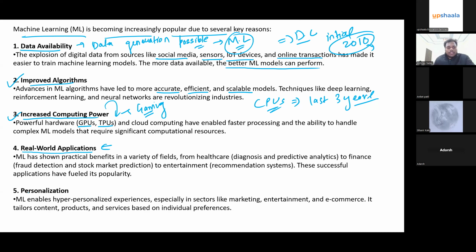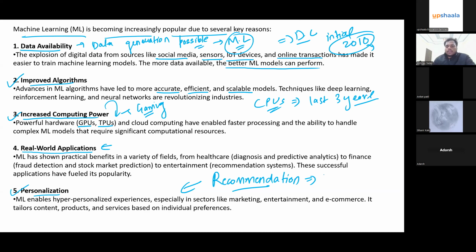After that, personalization. When we talk about personalization in entertainment, just one word comes to mind, that is recommendation. When you watch some movie, on the basis of your previous history, it gives you a recommendation for the next movie, something related to that particular genre.